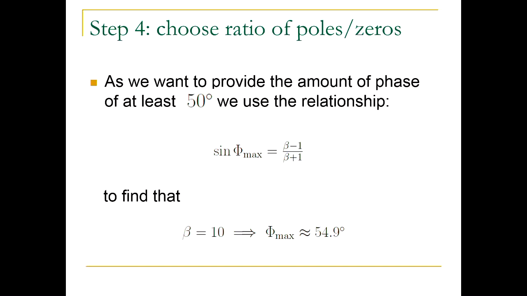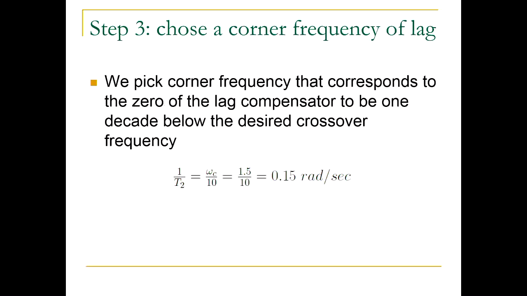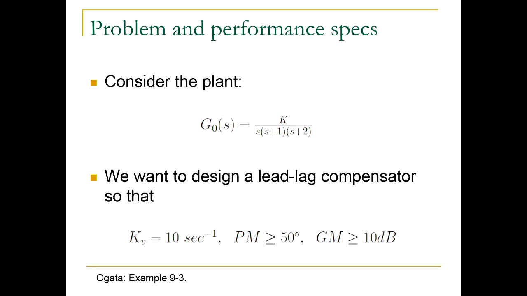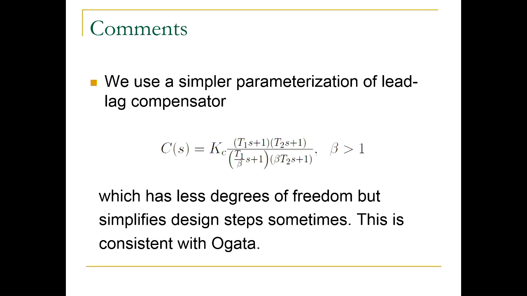Now this might seem strange, that we are talking about lead, because we are saying we want to provide this much lead at the new desired crossover. But note that the compensator is parameterized so that both lead and lag use the same parameter.